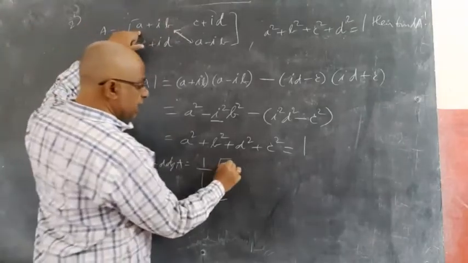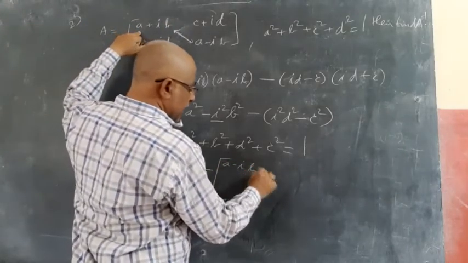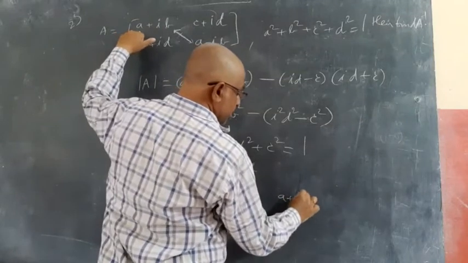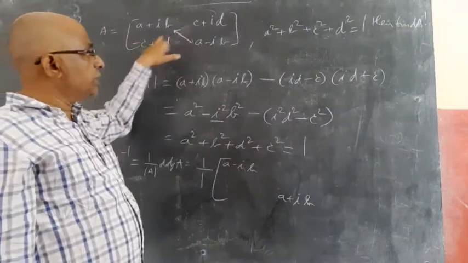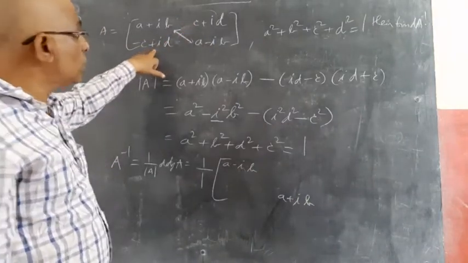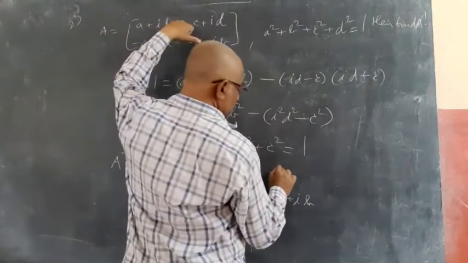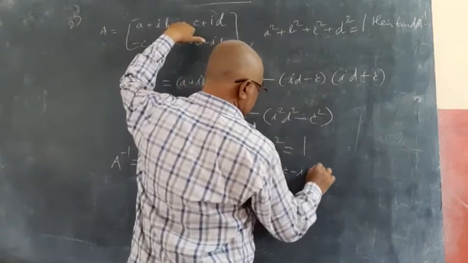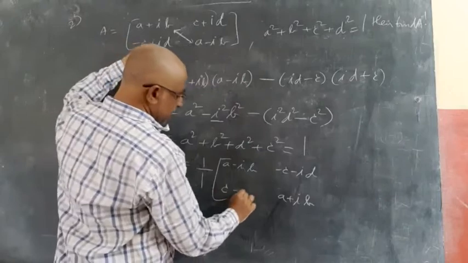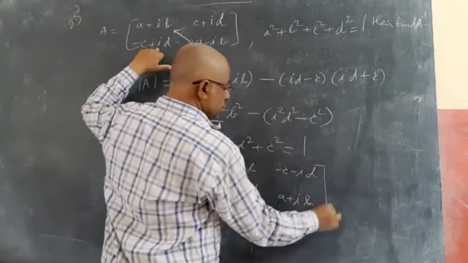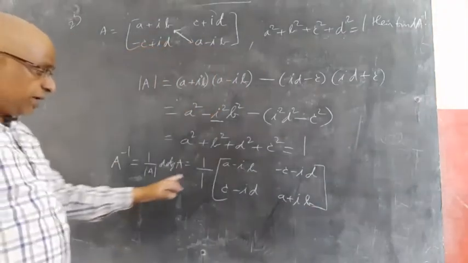Means here I can write A minus iB and here I can write A plus iB. You can interchange the principal diagonal. Next, these two elements are to be changed by sign, I told you. So this is C plus iD, so minus C minus iD. This is minus C plus iD, minus iD. This is adjoint A.